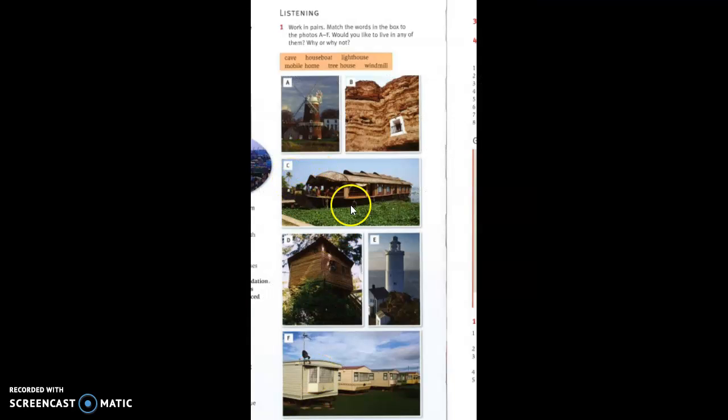Next, we're going to set up the listening. So exercise 1 says work in pairs, match the words in the box to the photos A to F. So I would suggest not giving them the words in the box to start off with, but just giving them the pictures, A to F, and getting them to talk together and see if they know the names of these different types of accommodation without giving them anything.